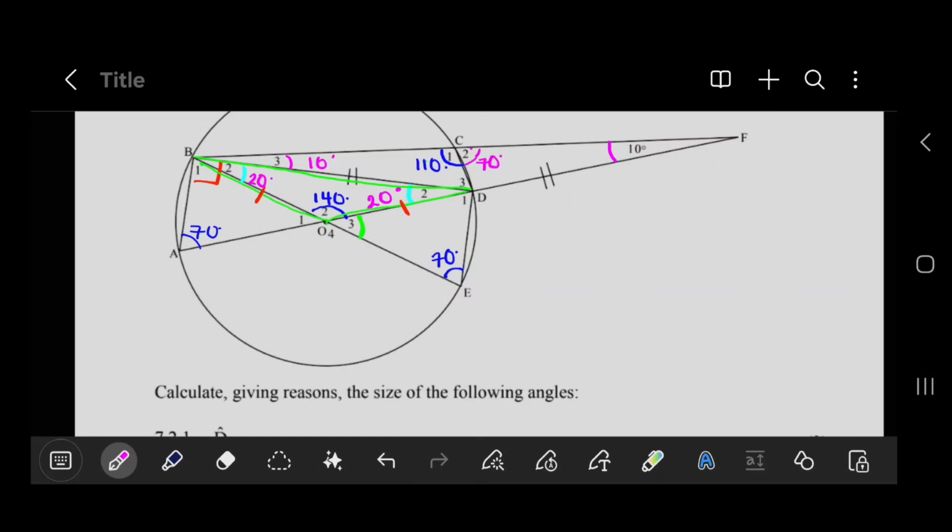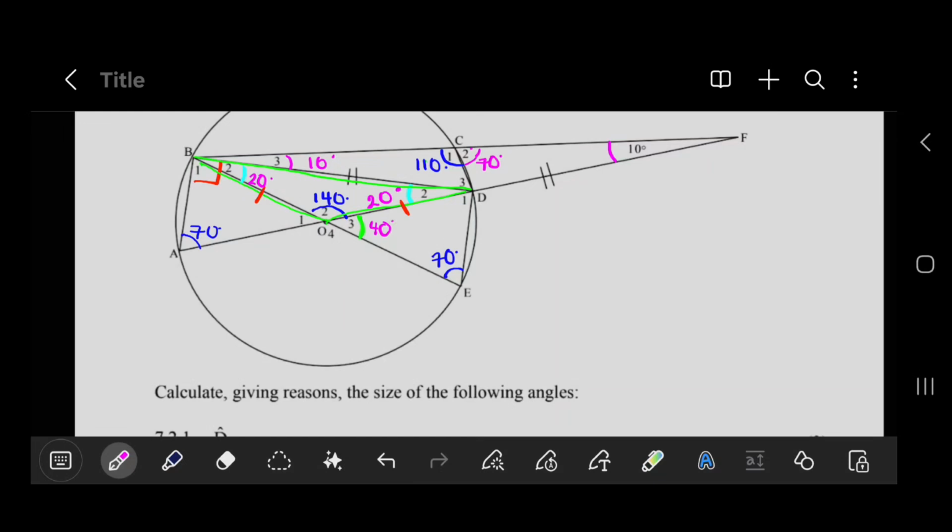You guys notice that O3 is the exterior angle of that triangle. Okay, notice the line BO being extended, it creates O3. If O3 is the exterior angle of the triangle, angle O3 would be 20 degrees plus another 20 degrees, making angle O3 40 degrees. But that's not the only way to do this, okay?